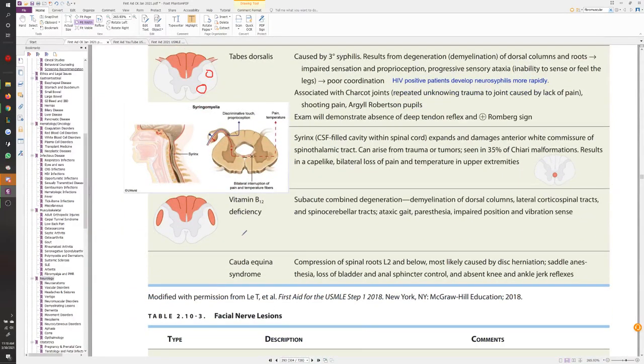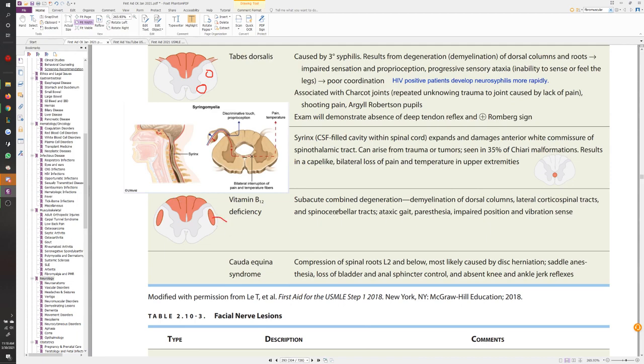And then the last two things here, you have cauda equina syndrome and vitamin B12. Vitamin B12 deficiency causes subacute combined degeneration, which is different from vitamin E deficiency. Right, so vitamin B12 deficiency patients, usually going to be the alcoholic patient. It's going to have demyelination of the dorsal column, demyelination of the lateral corticospinal tract. Remember, this is your corticospinal tract on the spinal column.